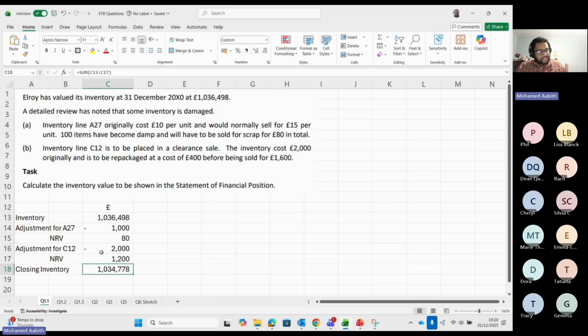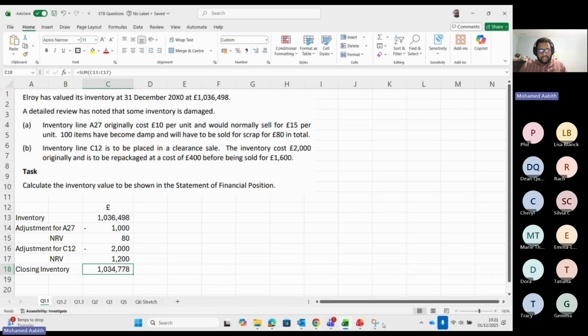So what you notice here, we originally have to take away the cost, which is 1,000 pounds on the first one. Second one is going to be 2,000 pounds, and you're going to be adding the net realizable value. The net realizable value in this scenario for product A27 is going to be 80 pounds for the total of the 100 items. And then C12, because we are selling that for less than the cost price.